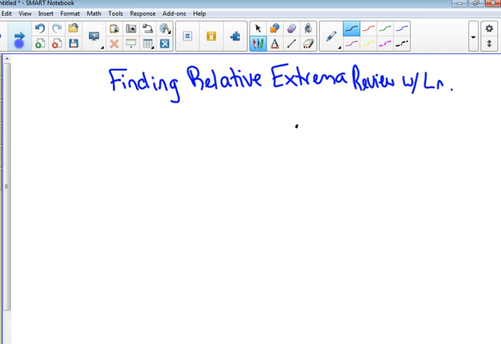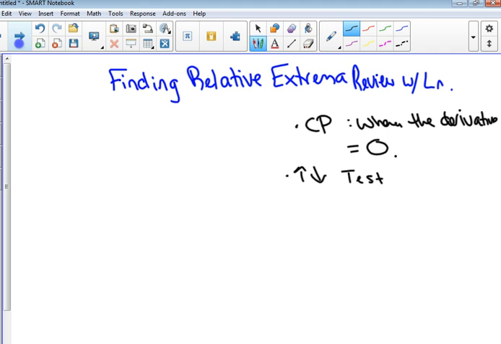When you're going to find a critical point, that's going to be where the derivative equals 0. So that's how we find our critical point, by setting the derivative equal to 0. Then to do your testing for increasing or decreasing, you got to make test points and plug into the derivative.